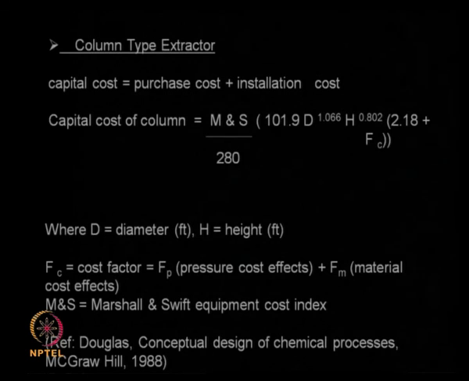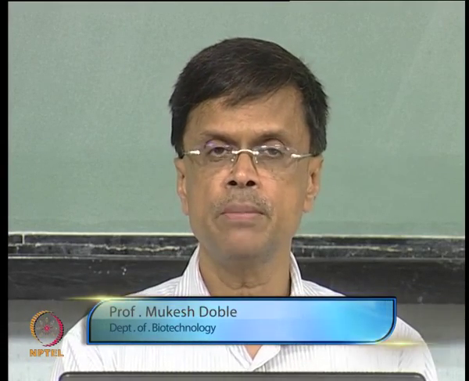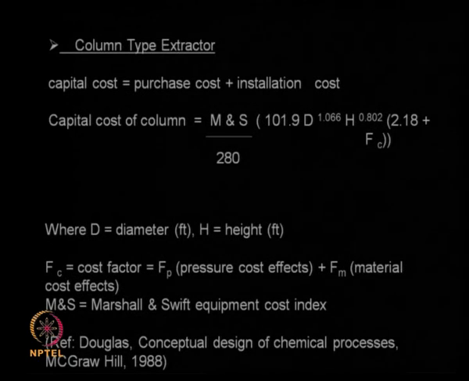Now, in the very first or second classes, we talked about capital cost and what are the various factors that are involved in capital cost. Capital cost is not only just purchasing the equipment, but also installing the equipment. That means you are making the equipment usable. So, these factors of making the equipment usable also need to be considered when you do the capital cost. So, it is a combination of purchase cost plus installation cost.